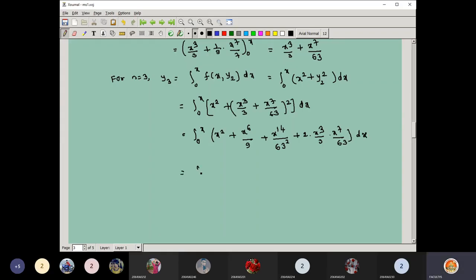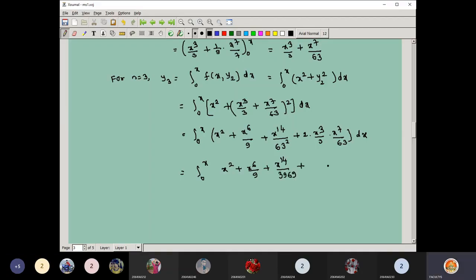So first I do the simplification 0 to x. I am getting x square plus x to the power of 6 by 9 plus x to the power of 14 divided by 63 square. What is the answer you are getting? 63 square is 3969. Okay, 3969.